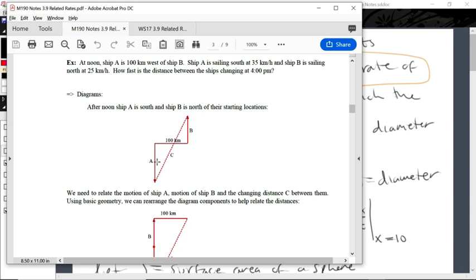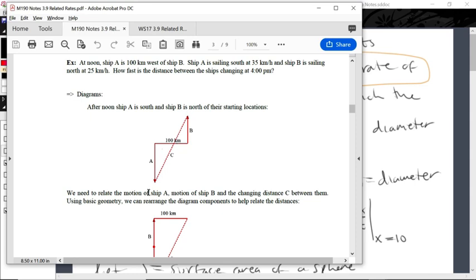So I'm going to leave this variable for right now. And ship B has traveled north 25 kilometers per hour for 4 hours, so it would have gone 100 kilometers north by that time. So we could find out the actual distance between these two ships at 4 p.m. by finding the length of this side. How could we do that?